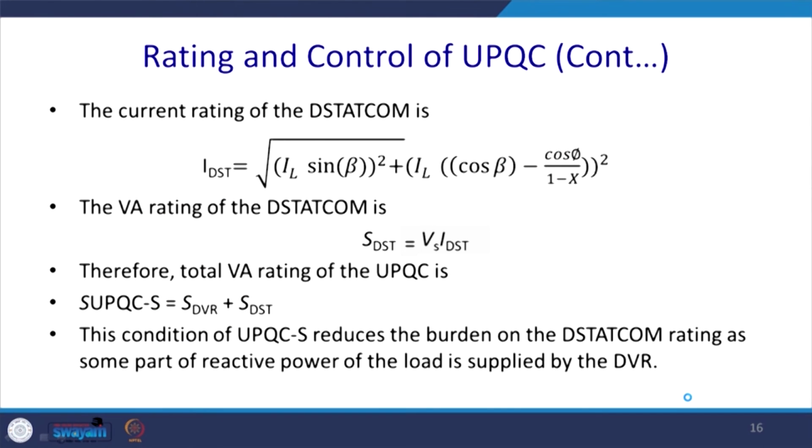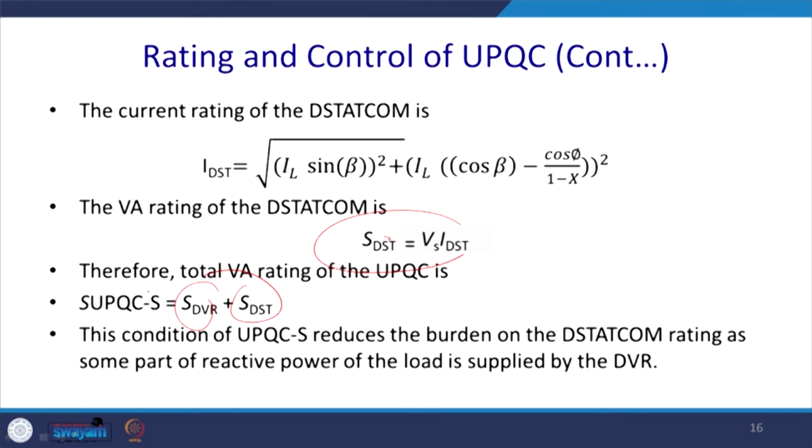From there what we can say is that the current rating of the D-STATCOM equals the square root of (Is sin beta) squared plus (Il cos beta minus cos phi by 1 minus x) squared, where x is the amount of the sag, and the VA rating of the D-STATCOM is definitely equal to Vs into I_DST. So, the total rating will be the DVR rating plus the D-STATCOM rating.